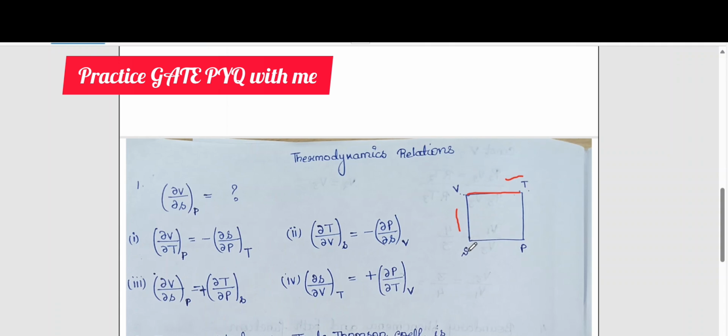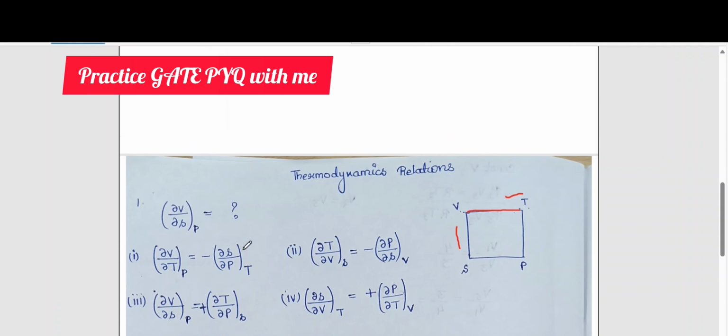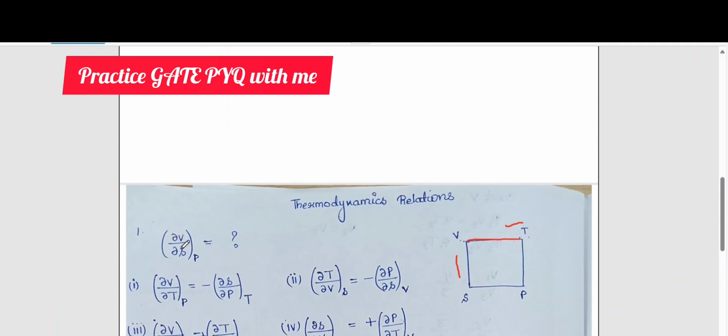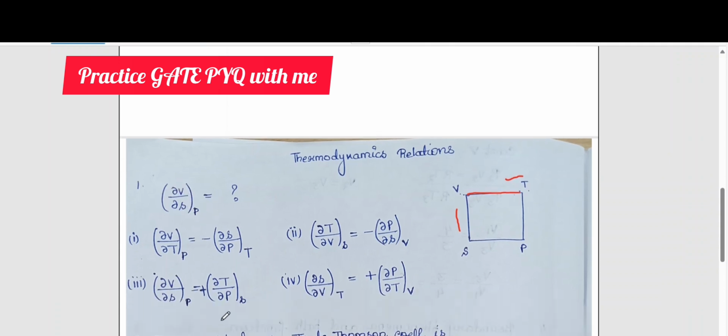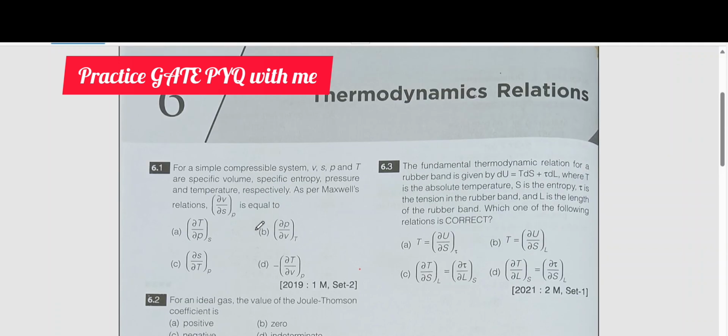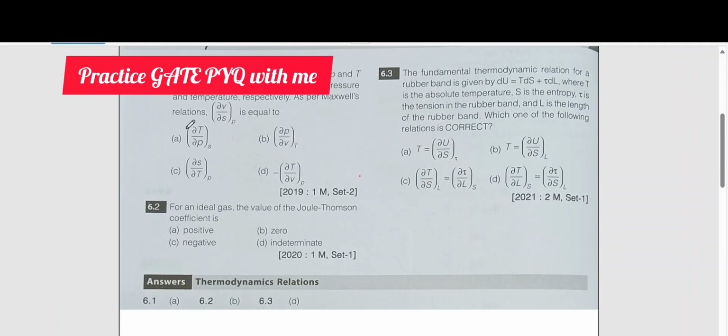Del V by del S at constant pressure, del T by del P at constant entropy, del S by del V at constant temperature is equal to del P by del T at constant volume. So the del V by del S at constant pressure is equal to del T by del P at constant entropy.